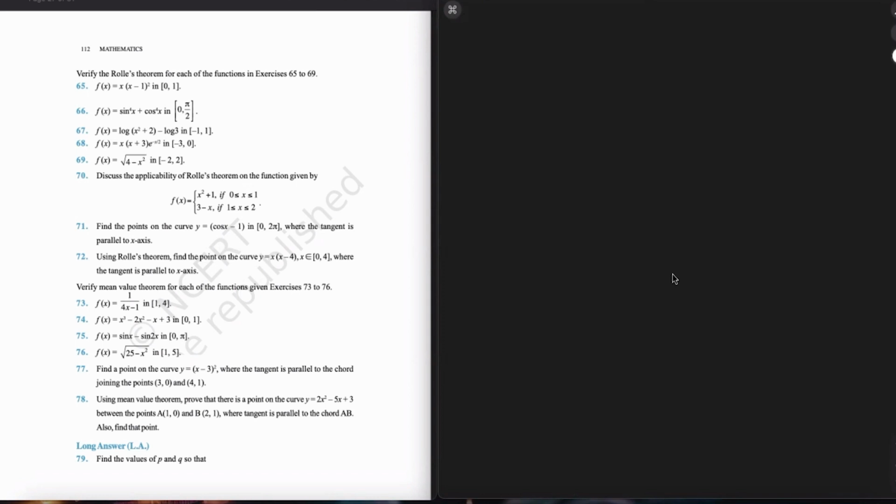Moving forward with question number 72. Again, the same kind of question. The curve given to me is f(x) is equal to x square minus 4x, and x belongs to 0 to 4. So the tangent is parallel to the x-axis.